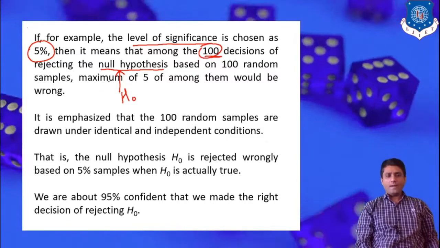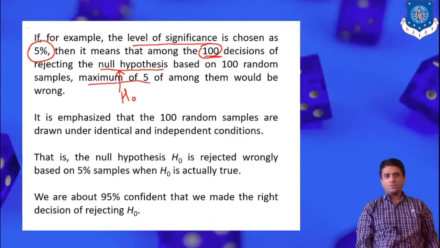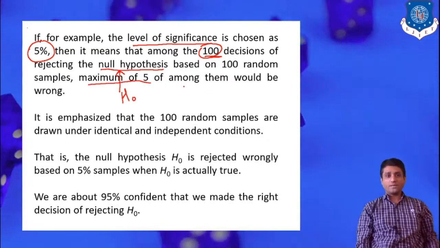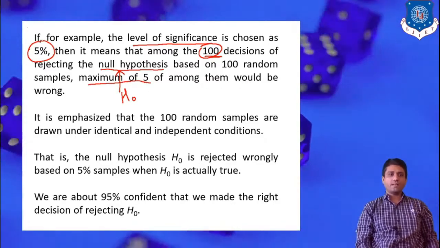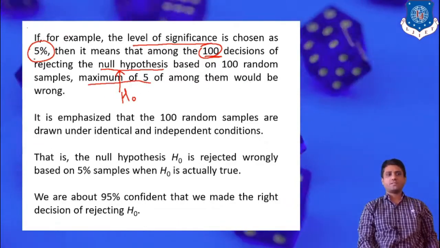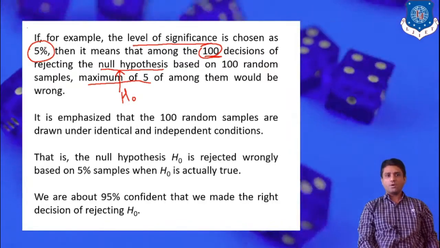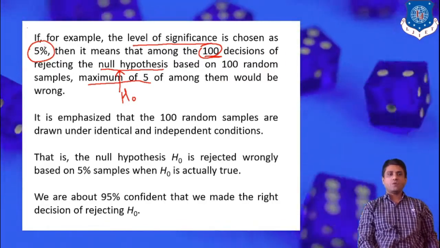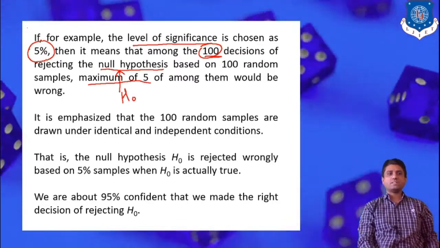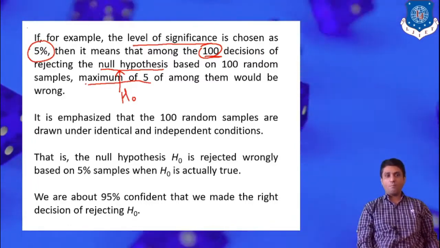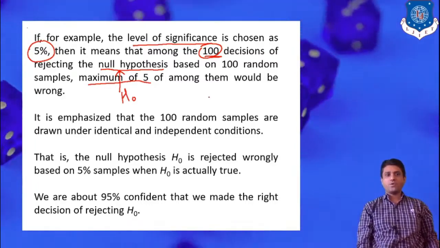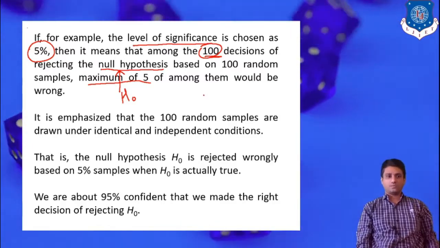At a 5% level of significance, a maximum of 5% of the decisions are allowed to be wrong, because we assume that 5% error is allowed.